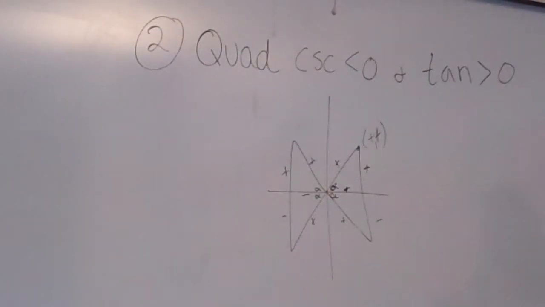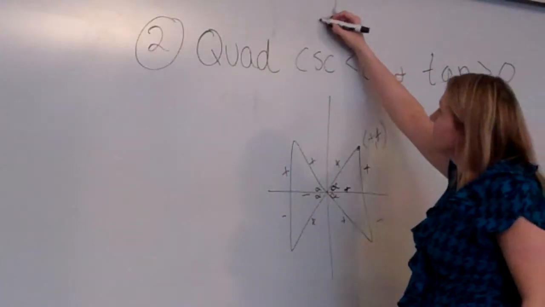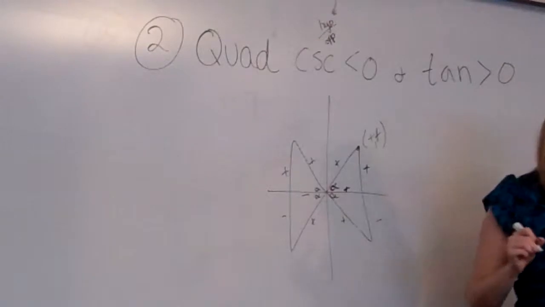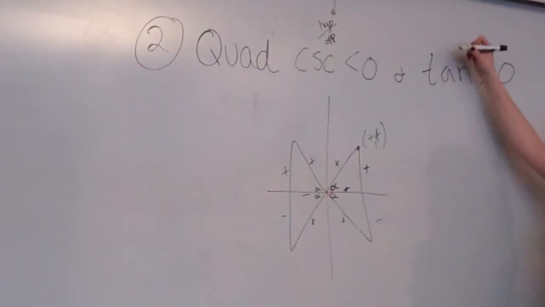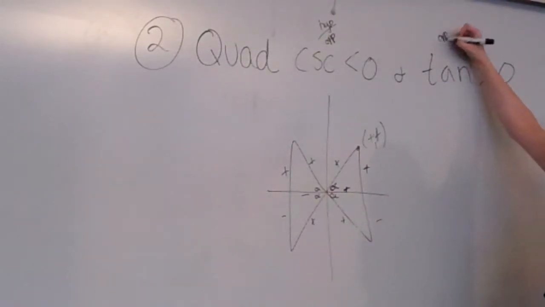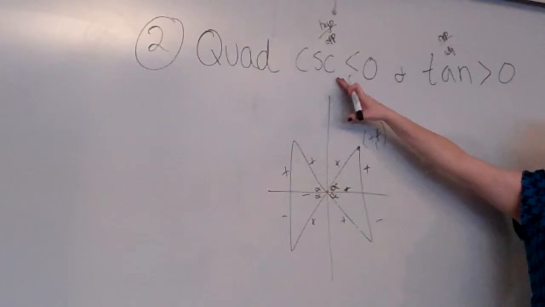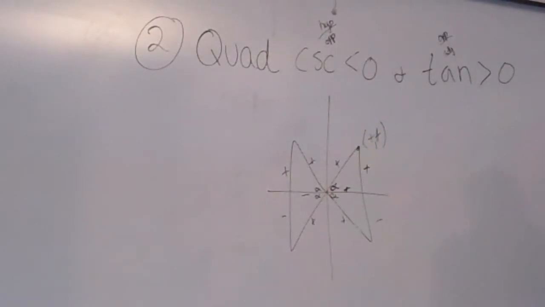What is cosecant? What over what? Hypotenuse over opposite. Tangent, we already talked about this one. It's opposite over adjacent. So in what quadrants is cosecant negative?